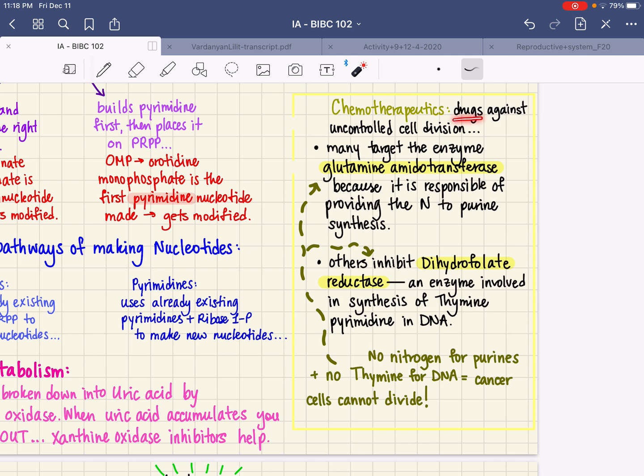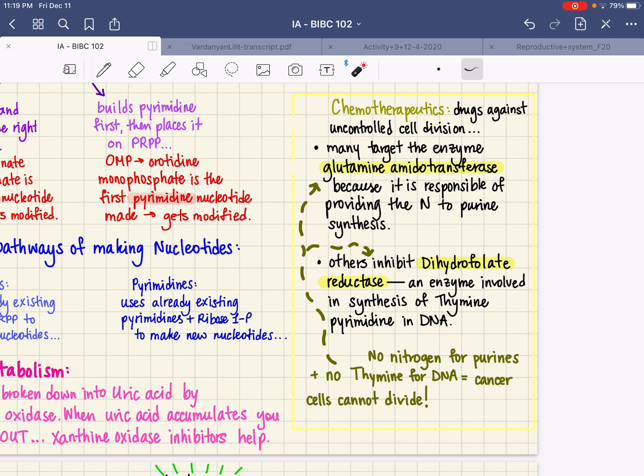So most of these drugs, or the drugs that we did discuss, are able to stop either purine synthesis or thymine synthesis, which thymine is a type of pyrimidine. This makes sense because if we stop purine synthesis and thymine synthesis, then we can no longer build viable DNA, right?